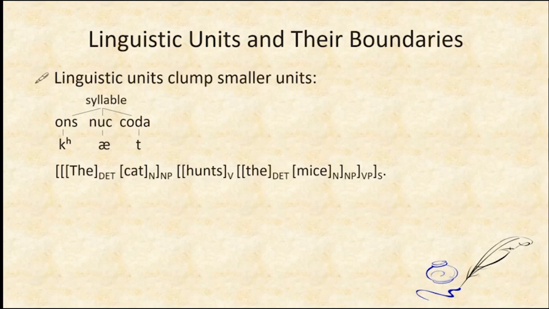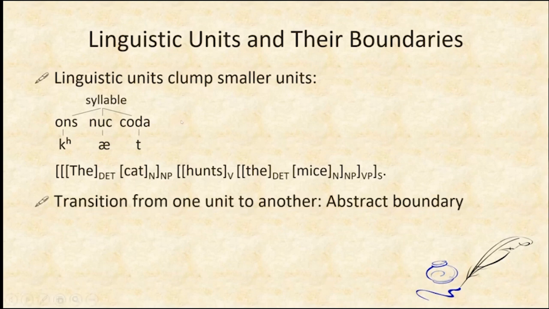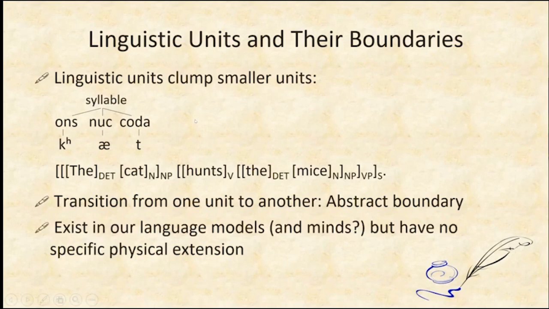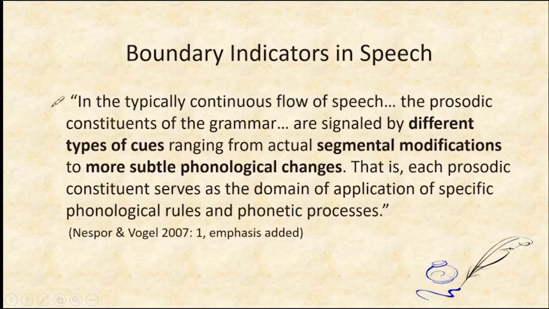Now, at the junctures of these clumps, we have a transition from one unit to another, or in other words, we have an abstract boundary. And these boundaries exist in our language models and presumably in our minds, but they have no actual physical extension. But nevertheless, we know that they're there.